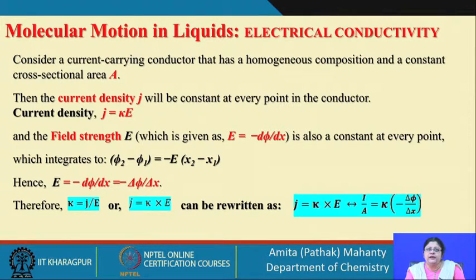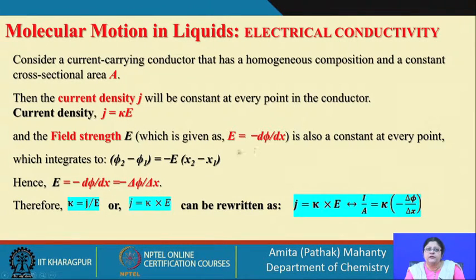And the electric field is equal to the negative of the gradient in potential across the distance towards which the charges are flowing. So, this is the electric field strength which we have. This is minus d phi by dx. It is a constant at every point in the conductor.